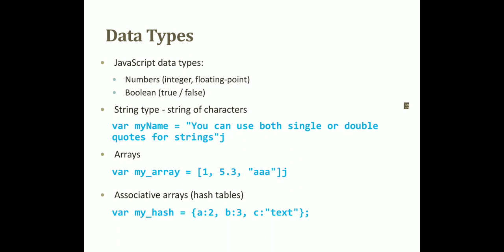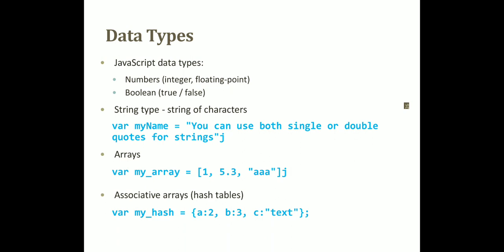If we are talking about JavaScript simple data types, for number we have integer and floating point, and for boolean true or false. The string type is a string of characters.